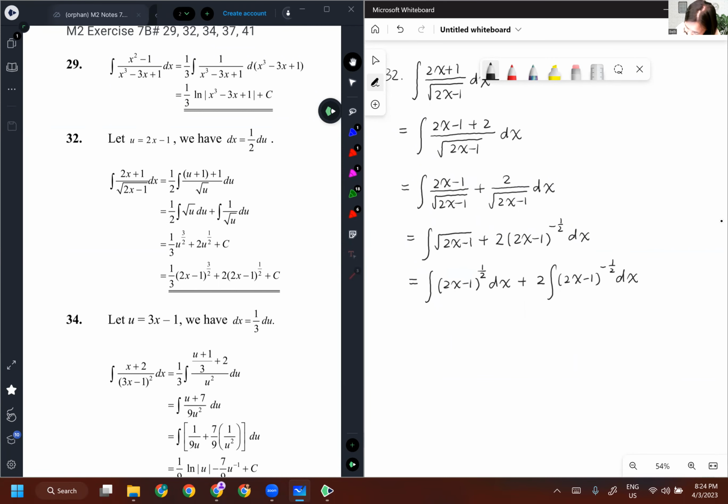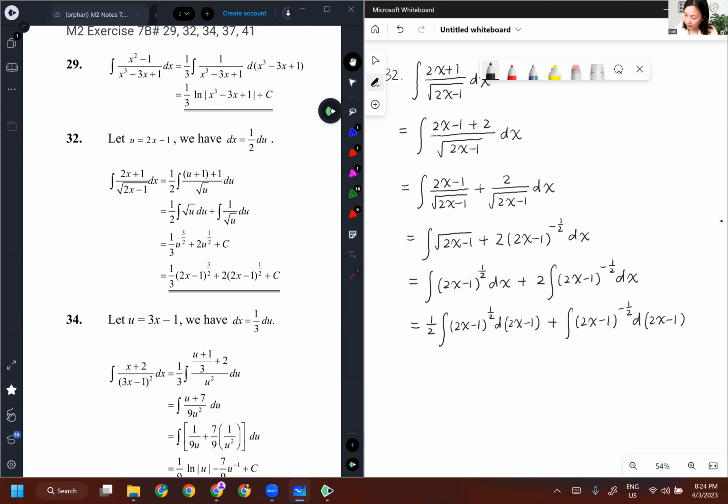Okay, and this is equal to (2x minus 1) to the power 1 over 2 times 1 over 2 d(2x minus 1) plus 2 times (2x minus 1) to the power negative 1 over 2 times 1 over 2 d(2x minus 1).